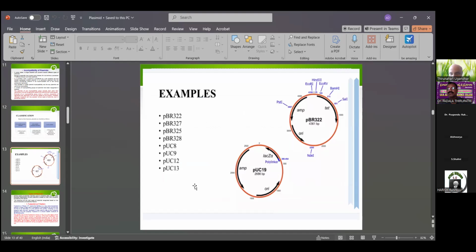So examples are pBR322, pBR327, pBR325, pBR328, pUC8 (plasmid University of California 8), pUC9, pUC12 and pUC13. These are also called artificial plasmids.